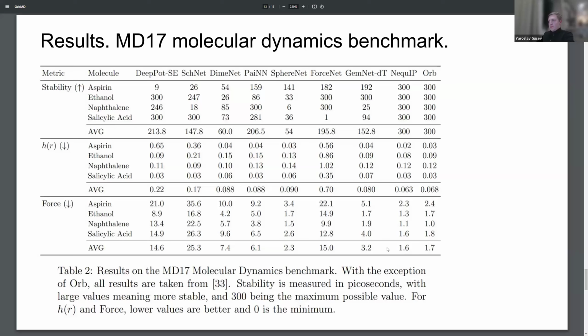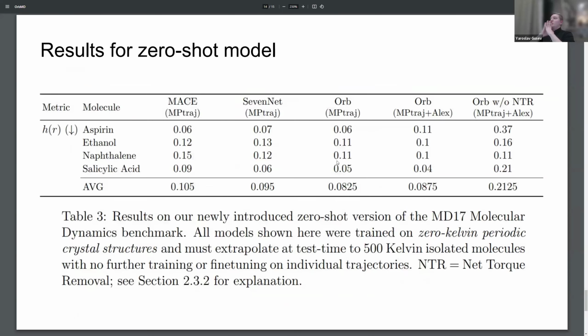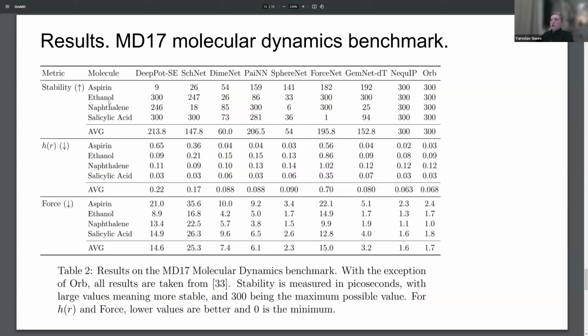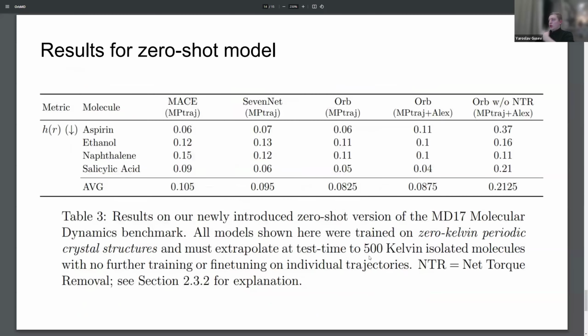All right. And then there is also an interesting approach that they consider, which is zero-shot learning. They do not train on those aspirin, ethanol molecules, they just train on some other systems.